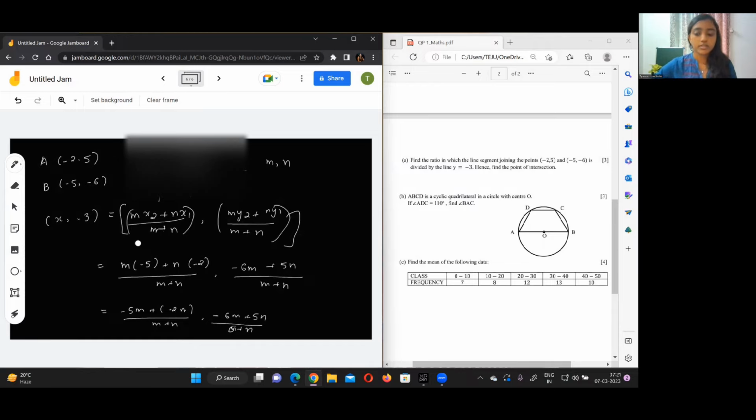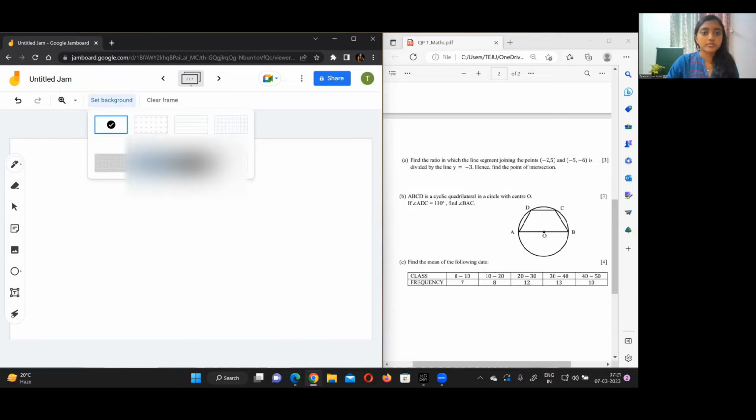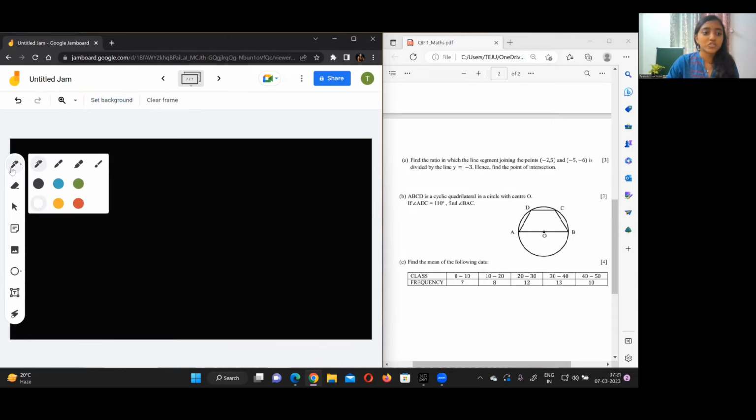So what you can do is we can go to the next page. Am I writing too big? Because I'm not able to fit any question in one page. Okay. So I hope you have written down so far. So what we do is that we cross multiply the second term because we know the second term value.